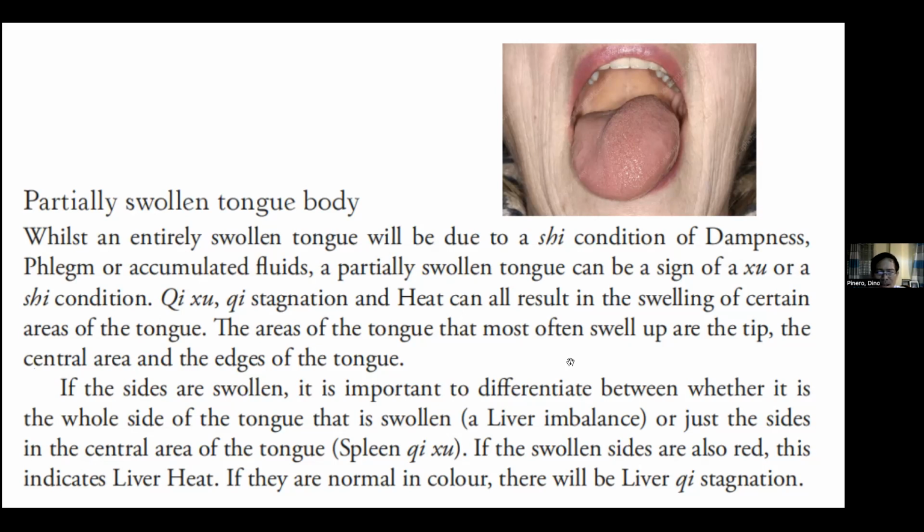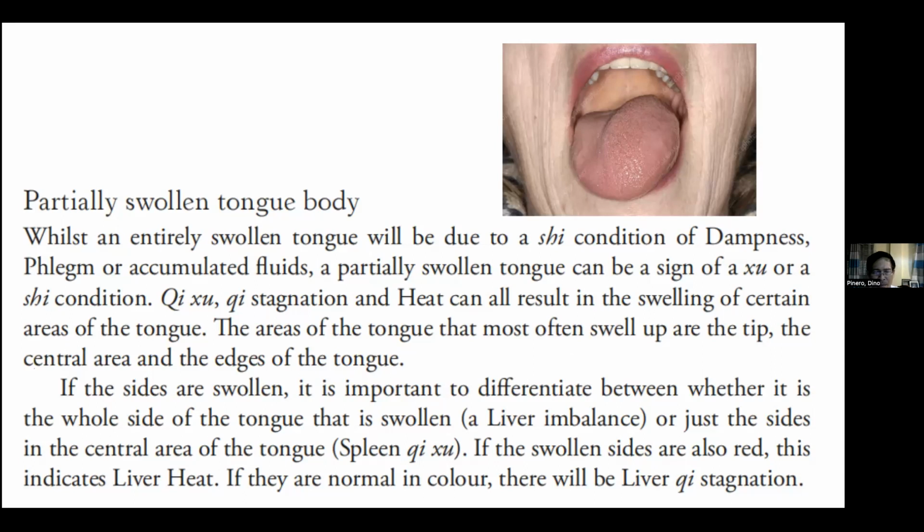The areas of the tongue that most often swell are the tip, the central area, and the edges of the tongue, the sides, which is the area of the liver. If the sides are swollen, it is important to differentiate whether it is the whole side of the tongue that is swollen.